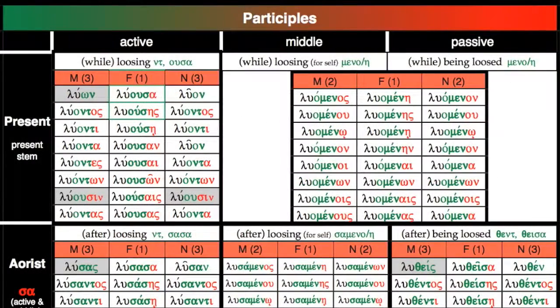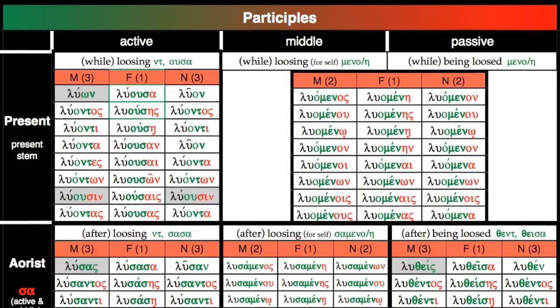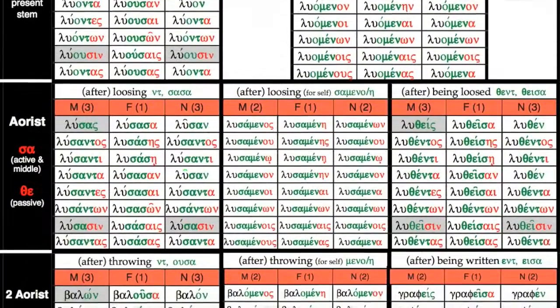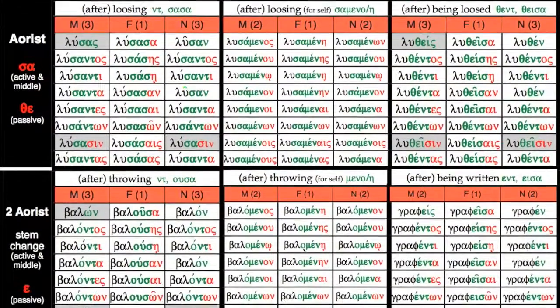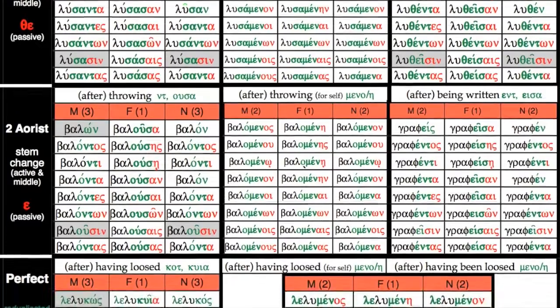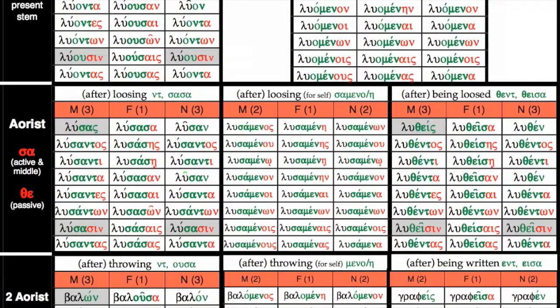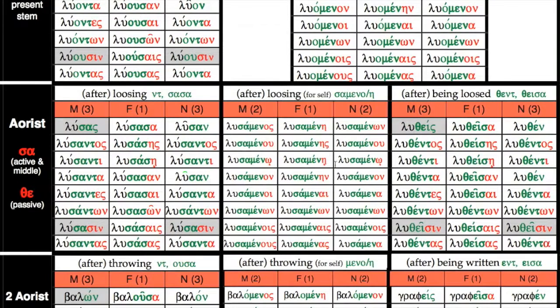I understand that when you open up the page titled Participles here and you see this sea of words and colors and you think, oh, we'll never learn all of this, you're just overwhelmed. Let me encourage you that it's not as bad as it looks. There aren't many words here, in fact, just a few. And as we've seen, every one of these boxes is a word, right? Why are there all these forms?